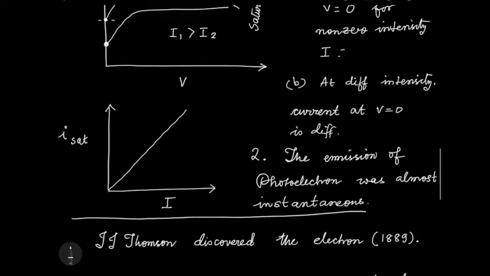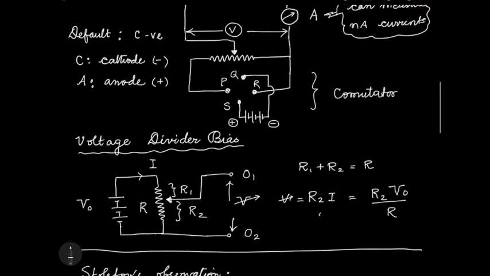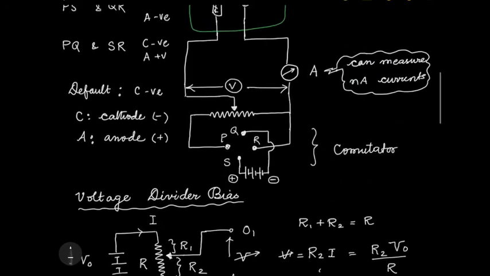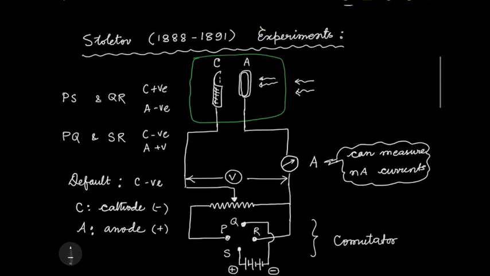Okay, so what does it mean? It means that you remember for I equals 0, you see no saturation current, no current at all. Now, I have this kept in this glass chamber. Say I put a cover on the chamber.